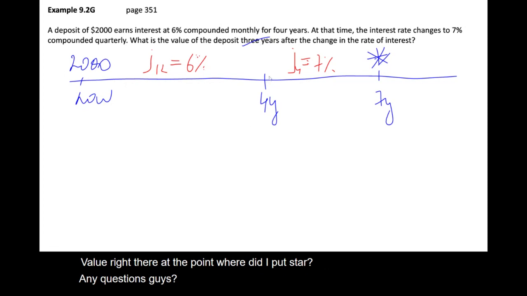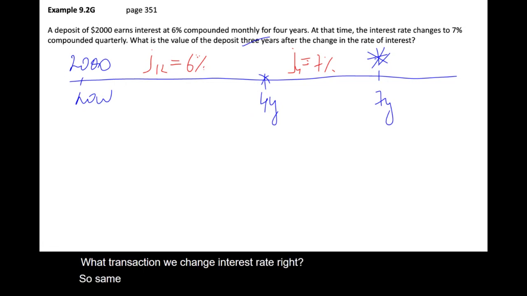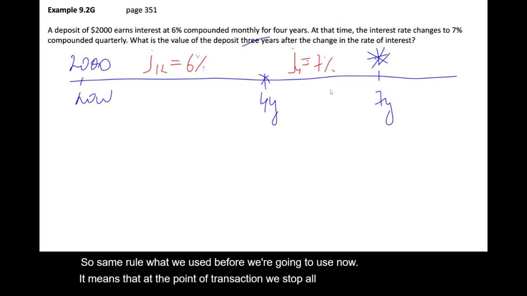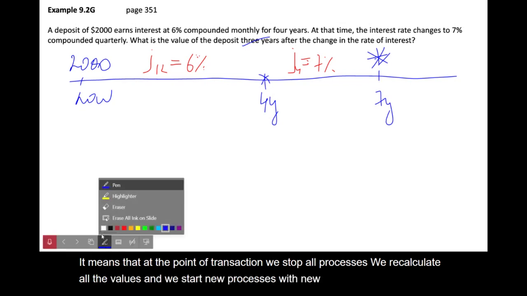Okay. At the point of 4 years, we have a transaction. What transaction? We change the interest rate, right? So the same rule that we used before, we're going to use now. It means that at the point of transaction, we stop all processes, we recalculate all the values, and we start new processes with the new condition.